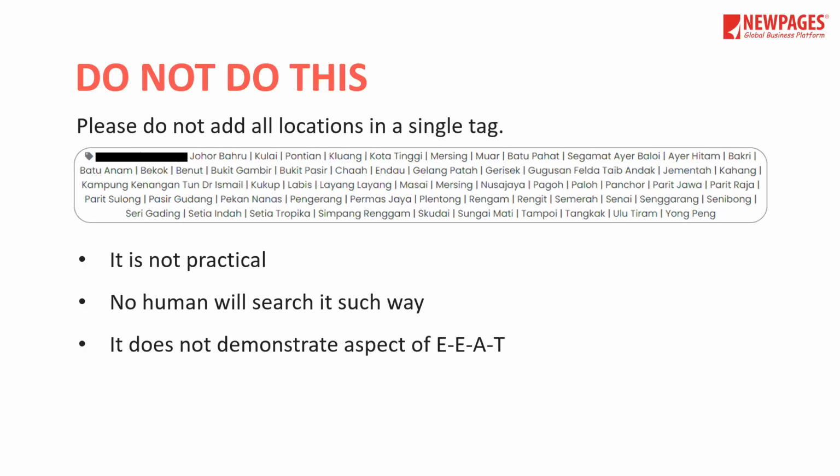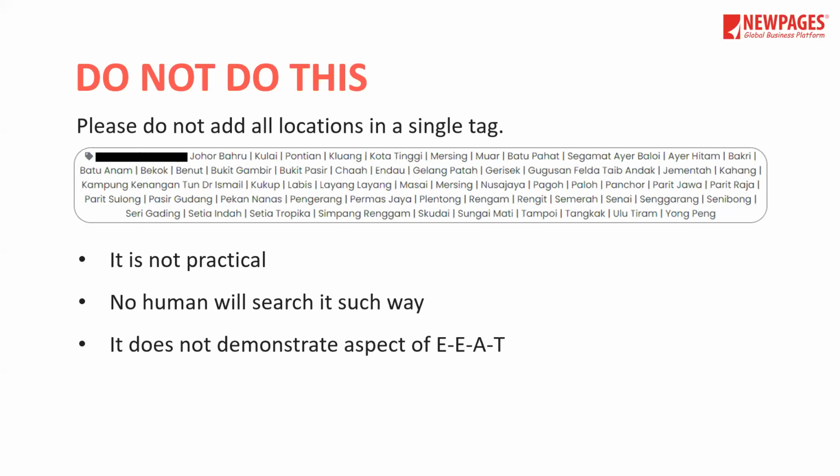What is EEAT? It's experience, expertise, authoritative, and trustworthy in the context of Google. So if it does not demonstrate the aspect of EEAT, that's the reason why we keep telling you that it will not be recognized by Google. So take note of this.